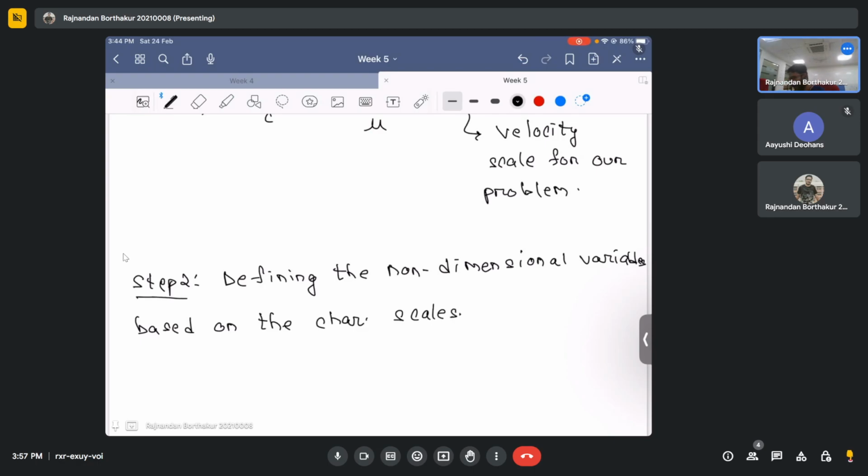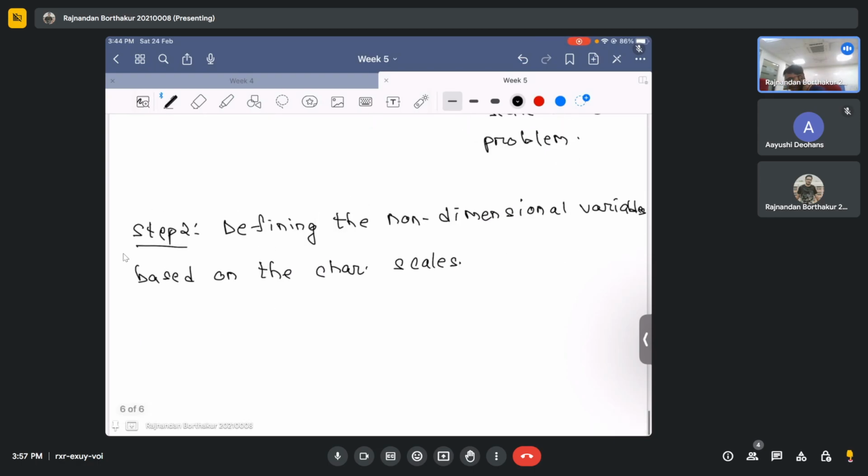All right. So we define the non-dimensional z direction velocity as uz bar. Can you tell me what will be the form of uz bar? U by UC. Exactly, so it will be uz by uc. In the same sense, the non-dimensional radius r bar would be just r by the capital R, which is LC.